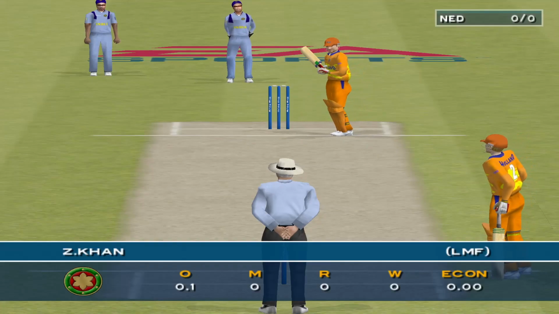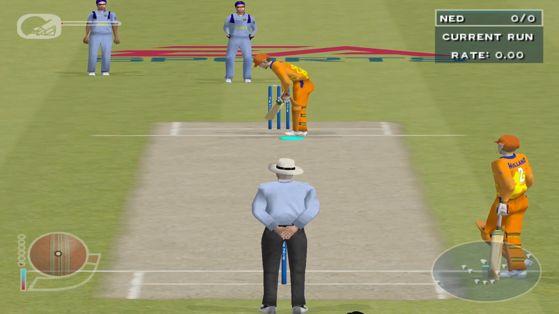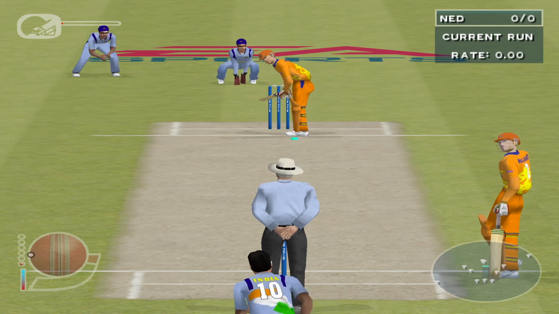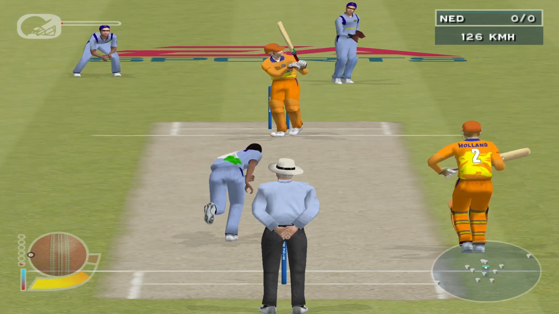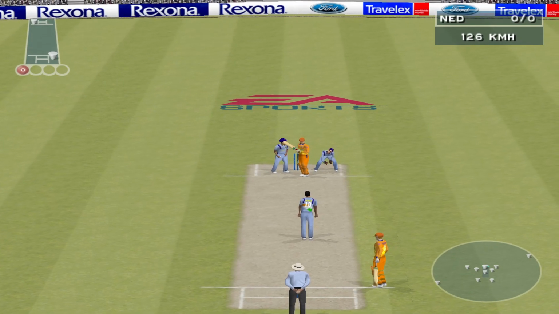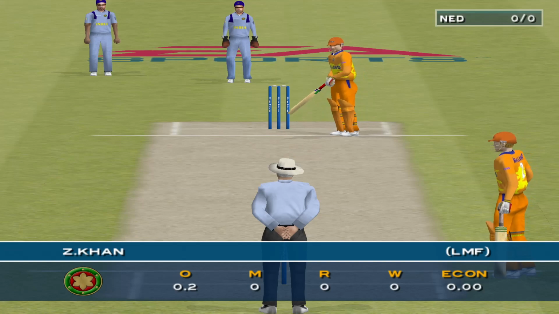Kloppenburg facing. Khan to Kloppenburg.